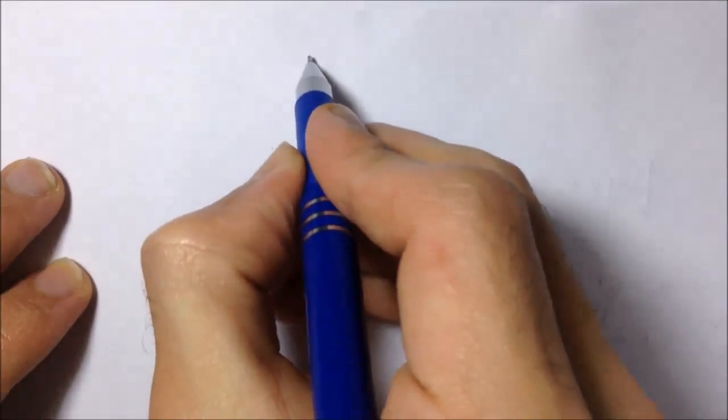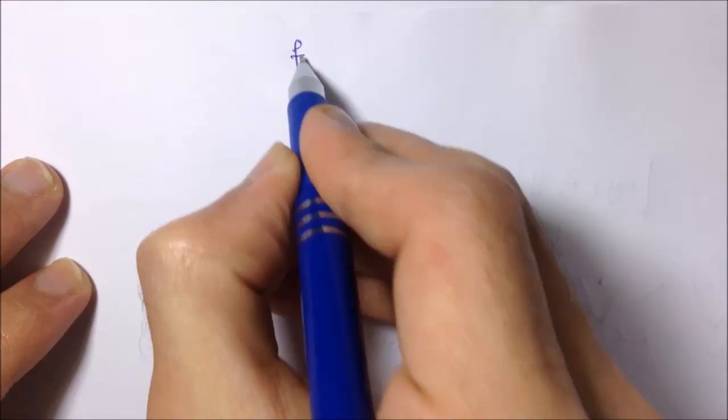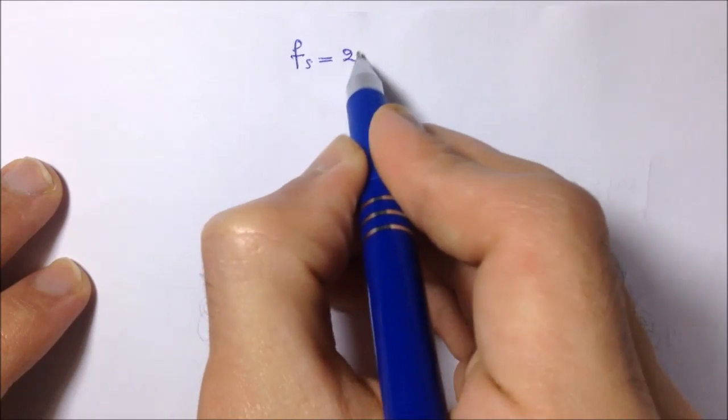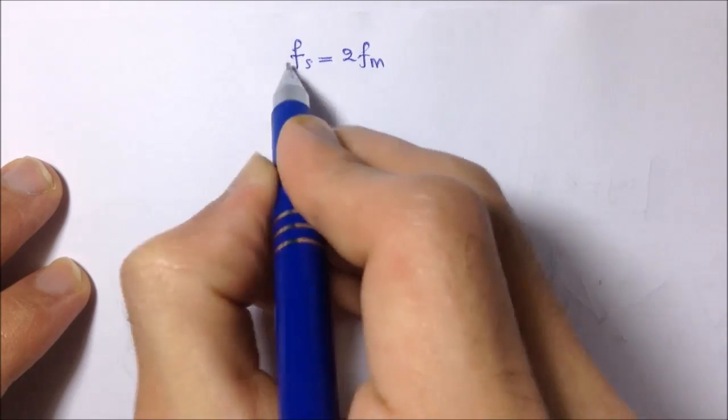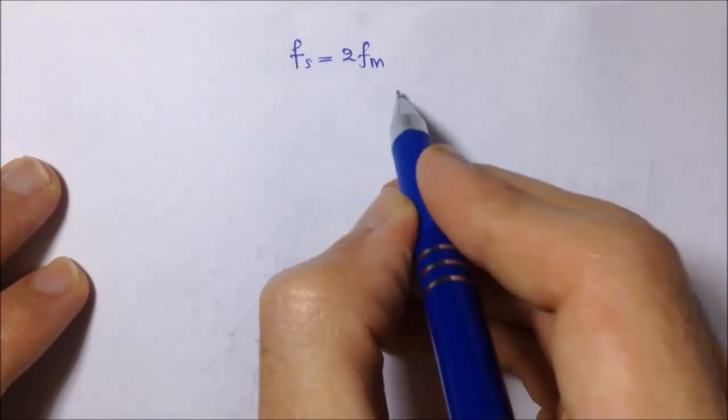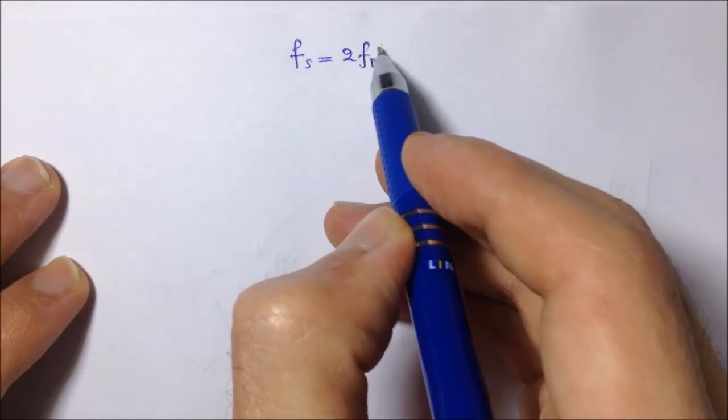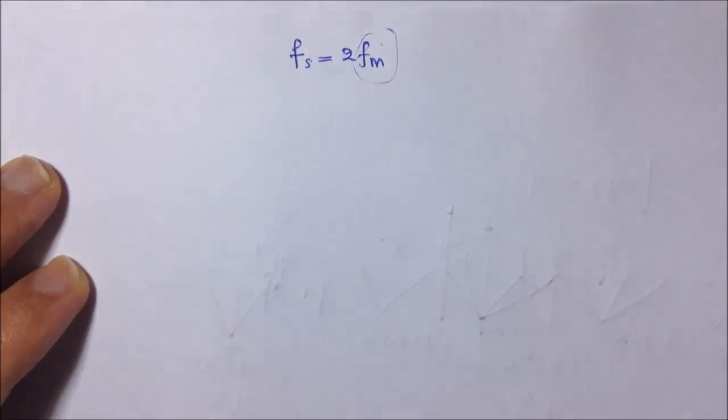Why? We can take a special case of Fs equal to 2Fm, the minimum sampling rate required to sample a signal having Fm maximum frequency.